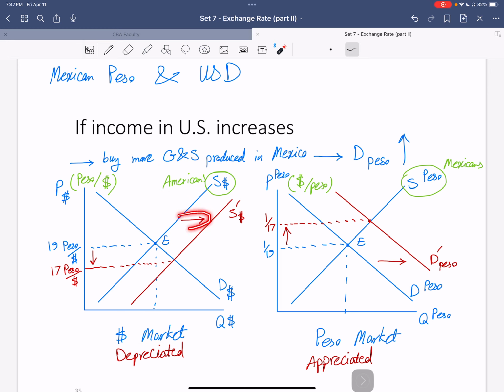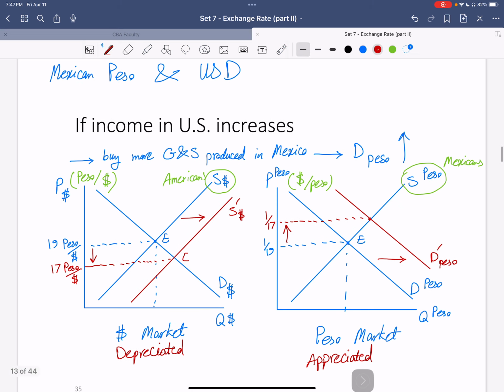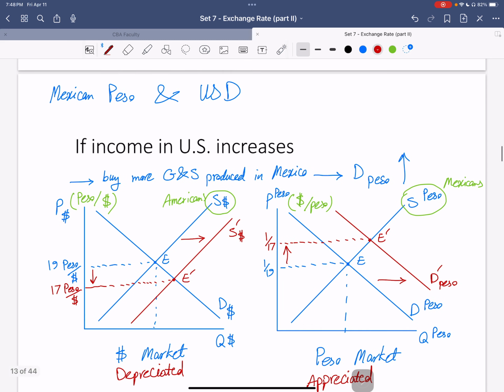So when they are buying more pesos, their supply of dollars in the market will increase and will shift the supply curve to the right. We will see the new equilibrium point in each of these markets to be different in a way that the dollar depreciated and the peso appreciated.